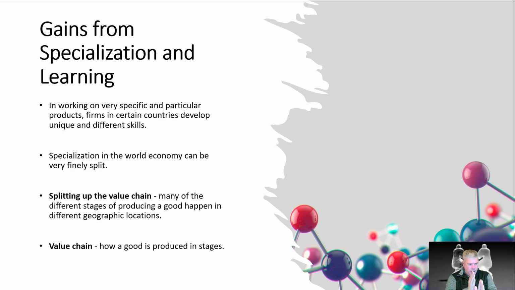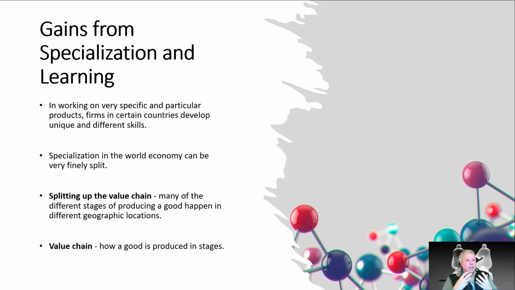Well, they could get very finely split down to even subcomponents within those elements that are being produced in different countries because they've got a specialization in developing alloys for engine blocks. So the engine block might be produced in Honduras, and then the other engine components are produced in Mexico, and then final assemblies in Austin.